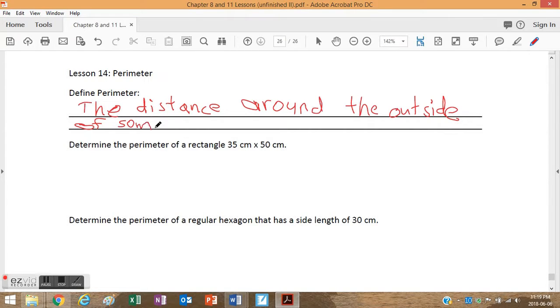Now, normally when we do the calculations for perimeter, it's going to be some kind of normal shape, no curved edges. Eventually you'll get to math where you do the perimeter of a circle, which has a special name, but not find the perimeter of this goofy shape here.